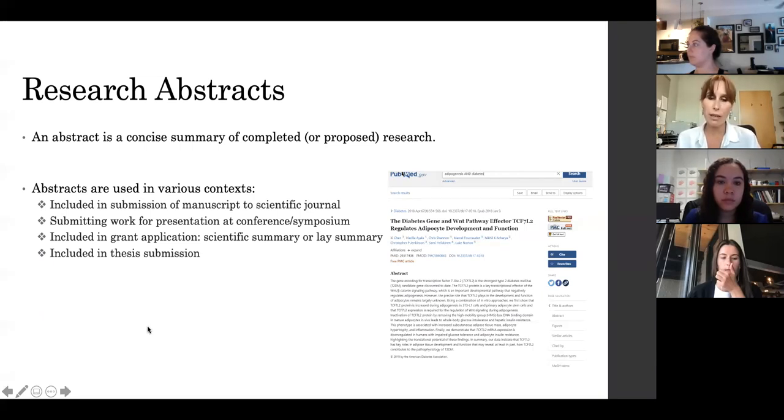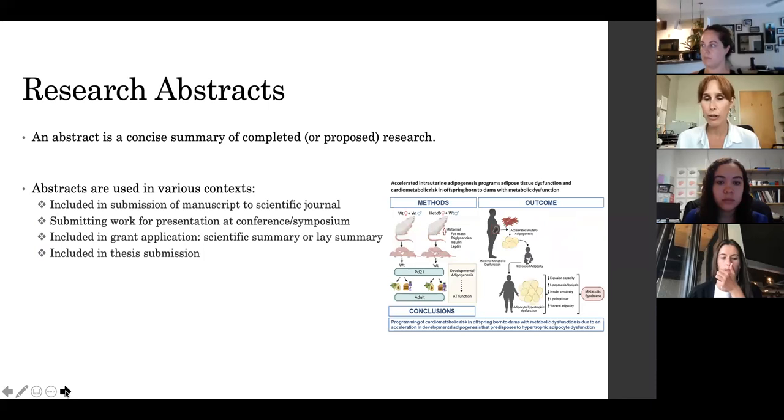More recently, some journals like American Journal of Physiology and Cell now require a graphical abstract. So a graphical abstract gives the reader a quick visual representation of your work. Okay, so here's an example of a graphical abstract that my lab has recently submitted along with a manuscript to the American Journal of Physiology.